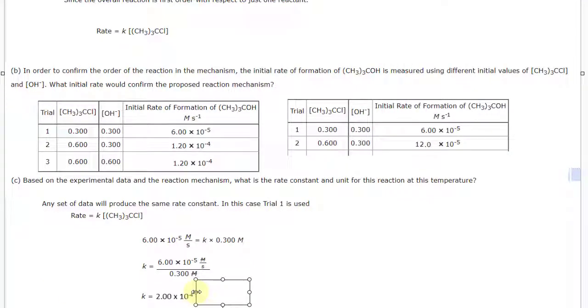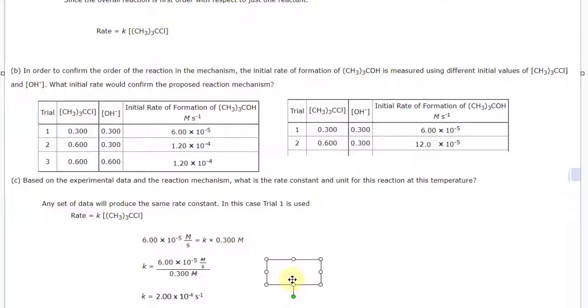Always on FRQs, when you find out stuff about rate laws, you have to show the unit. Sometimes you get 1 point just for the unit. I mean, you can get this number wrong and then get a point if you've got the unit right. Well, in any first order overall reaction, the rate constant multiplied by the concentration should give you molar per second.